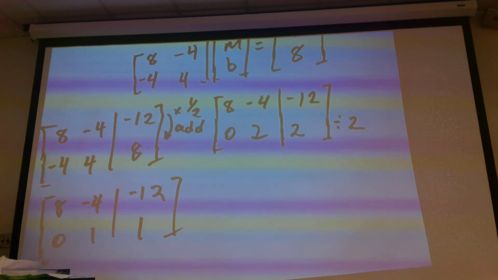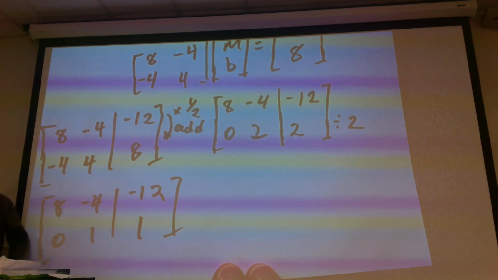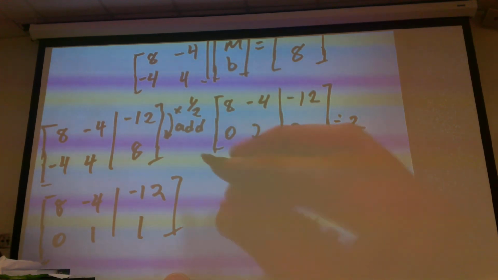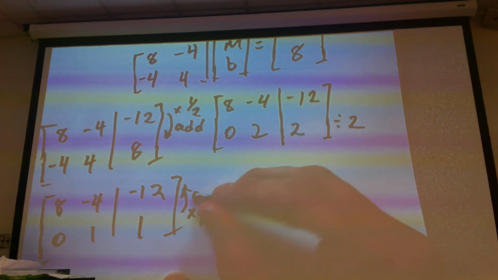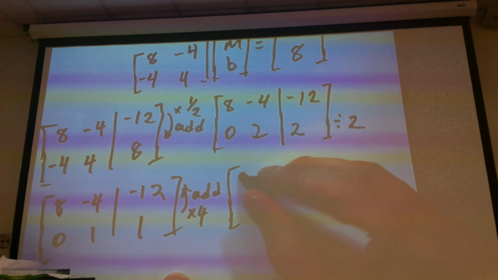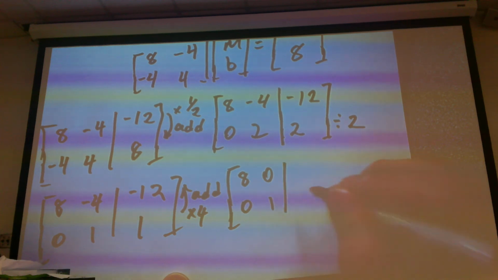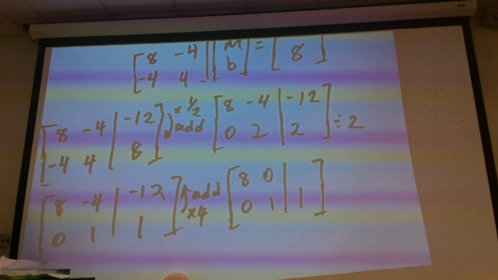All right? Now, the next step of this problem is to eliminate that 4 right there. So I'm going to take the bottom row, and I'm going to multiply it by 4 and add it up. That'd be 8, 0, 0, 1, augment 1. Okay, so if I multiply that component by 4 and add it upward, I'd get a negative 8.